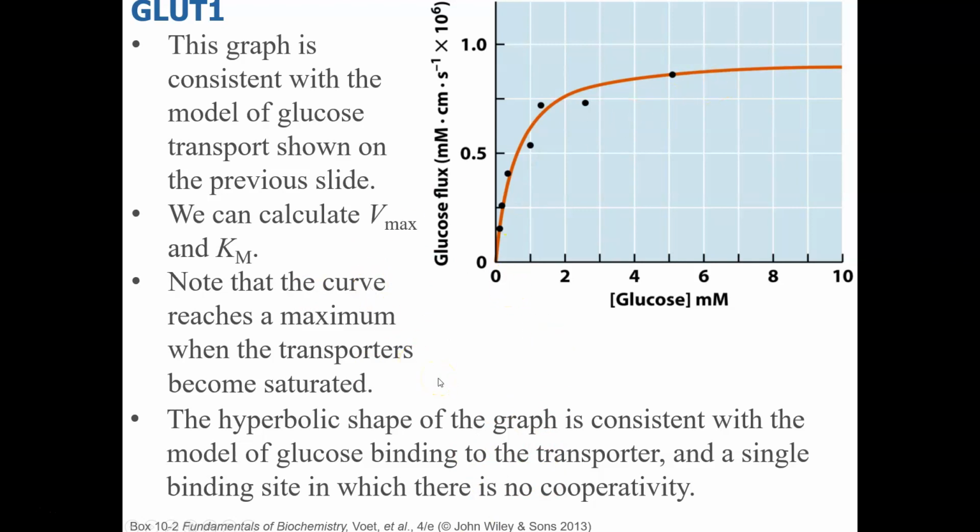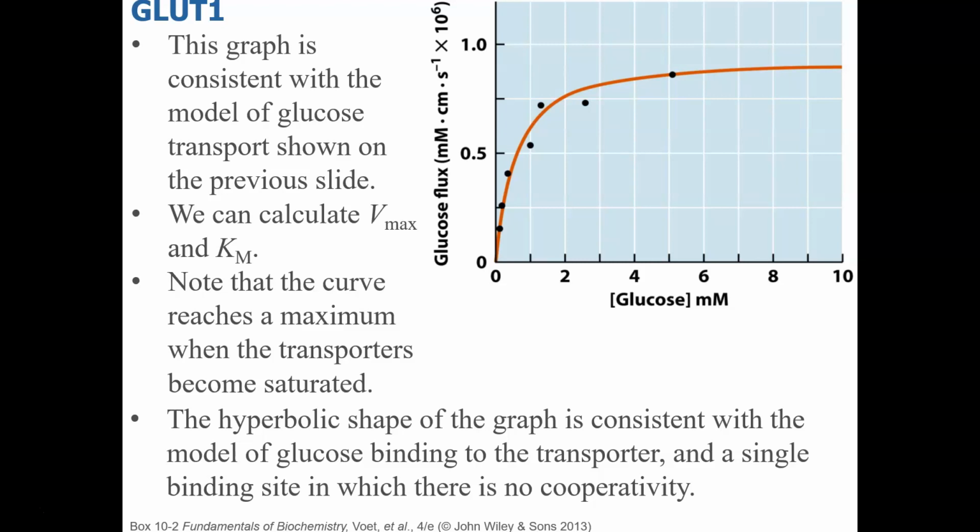So this curve is consistent with the model of glucose transport shown in the previous slide, where we can use what we've learned about Michaelis-Menten kinetics and calculate Vmax, which looks like it might be, I don't know, maybe about 0.8 millimolar centimeters per second times 10 to the 6th. We can calculate a Km, maybe that's about 0.4, drop a line over, drop a line down, we get maybe about 0.5 millimolar for our Km, and that Km could be considered to be an affinity constant.